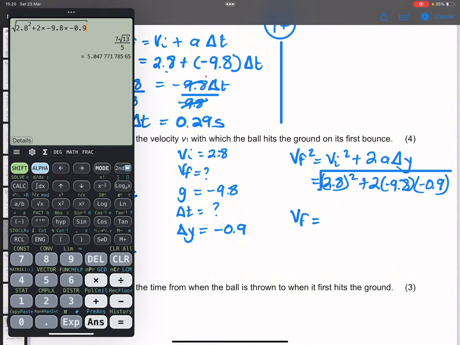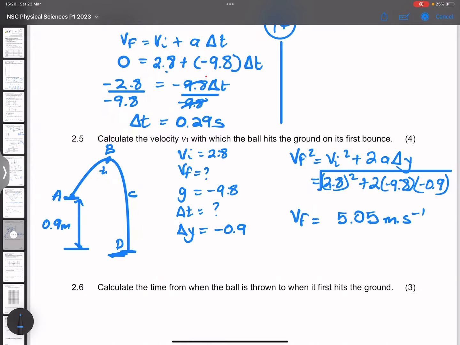Now remember, we've taken the square root, right? A velocity of 5.05 meters per second. And notice it is downwards, so that velocity ideally should be negative.